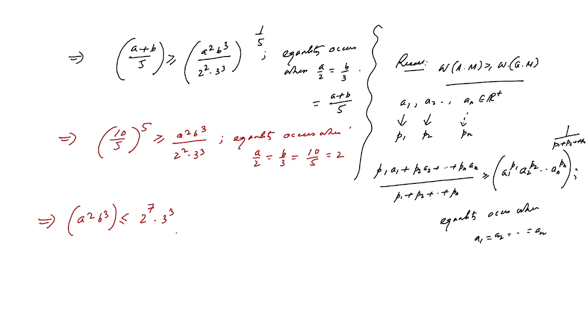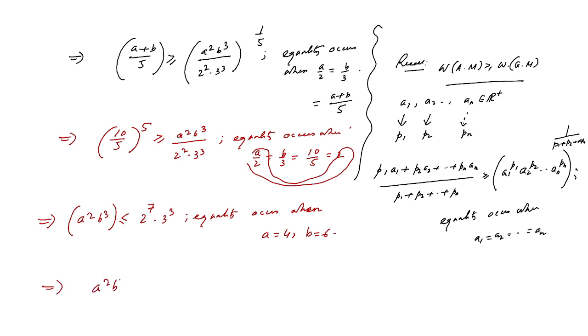and equality occurs when, just to check this one, a equals 4 and b equals 6. So that implies a square b cube is less than or equal to 4 square times 6 cube.